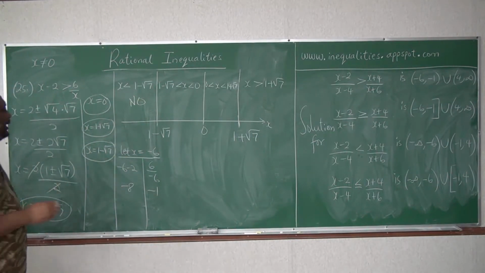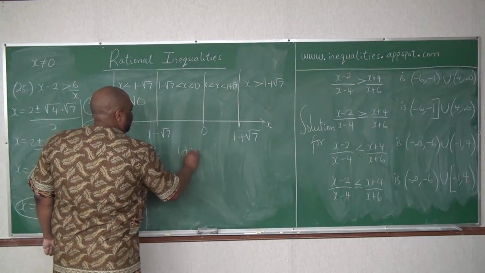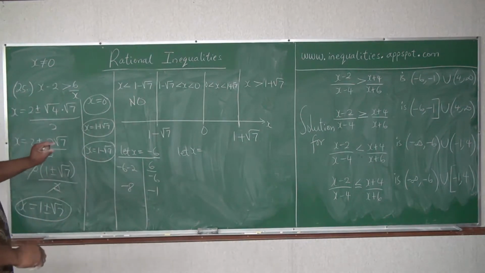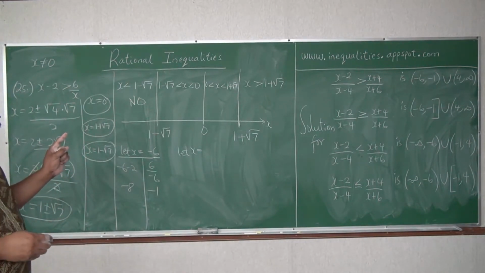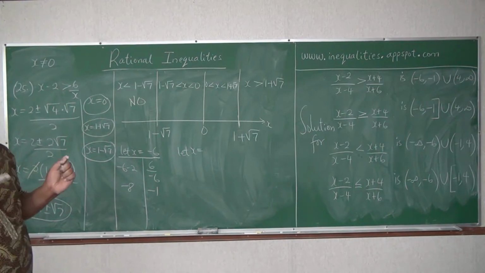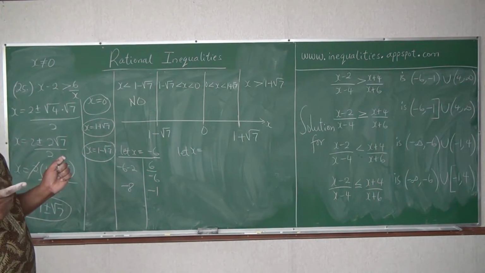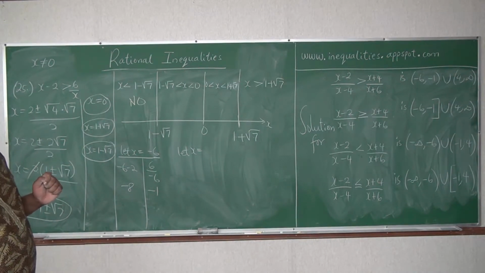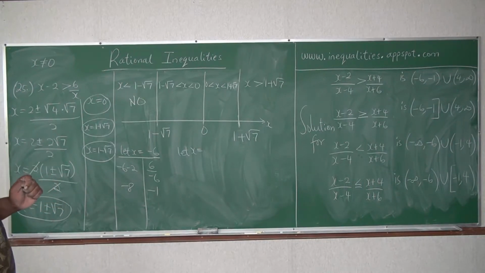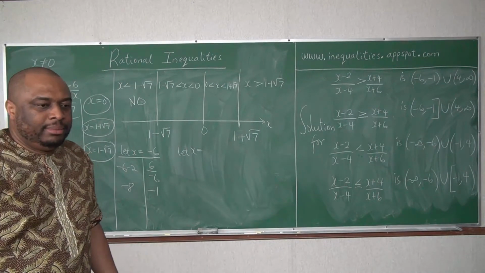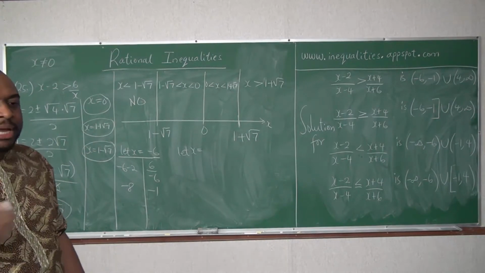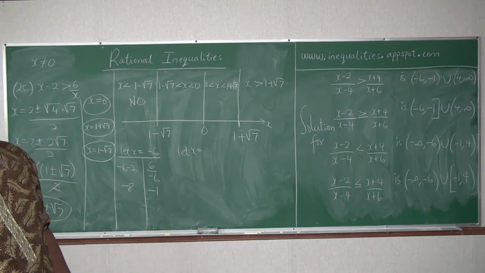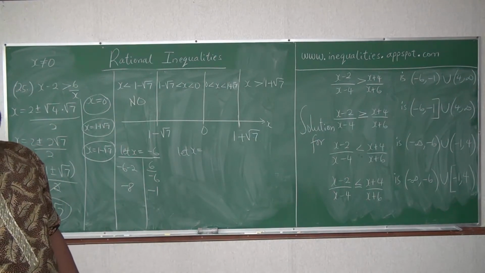Then the next one we have, let x be, I know this will be negative 1 point something less than x less than 0, so let's use negative 0.5, negative 1 over 2.